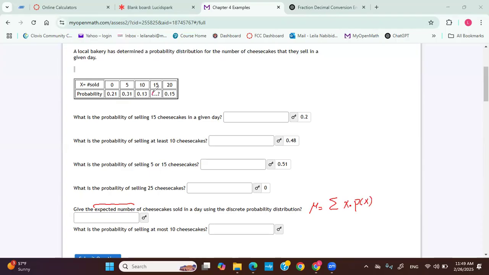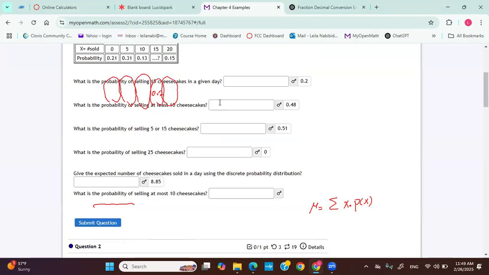So in this table, we multiply 0 by 0.21, which is 0, multiply 5 by 0.31, multiply 10 by 0.13, multiply 15 by 0.2, multiply 20 by 0.15, and then add all these results. You should have 8.85 as an answer, which is the expected number of cheesecakes sold in a day. That's the average number of cheesecakes that they sold.